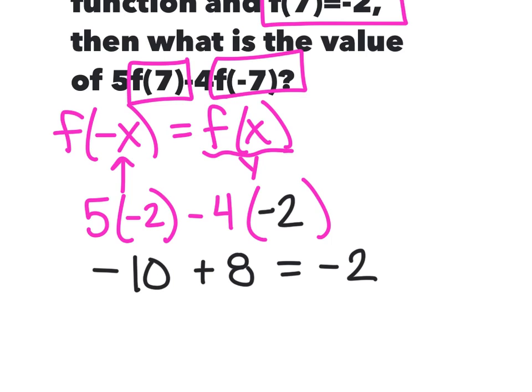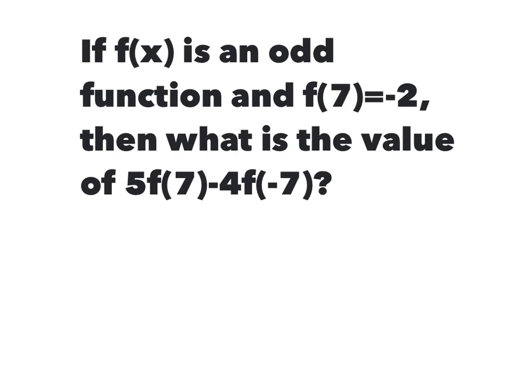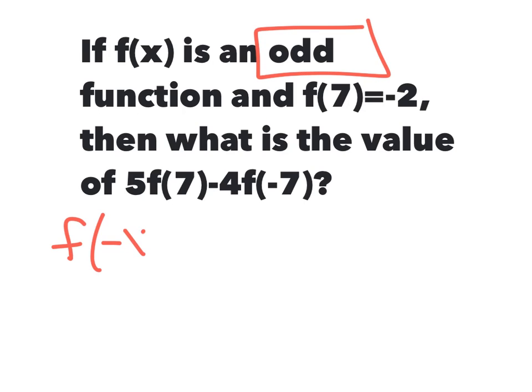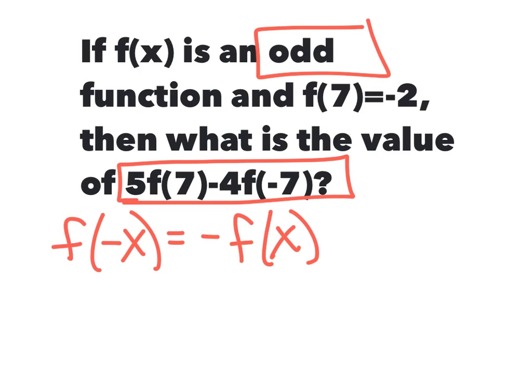Let's try one more. If f of x is an odd function this time, I'm going to highlight that and go write my rule. F of negative x equals negative f of x. And f of 7 equals negative 2. Now what is the value of 5 times f of 7 minus 4 times f of negative 7?